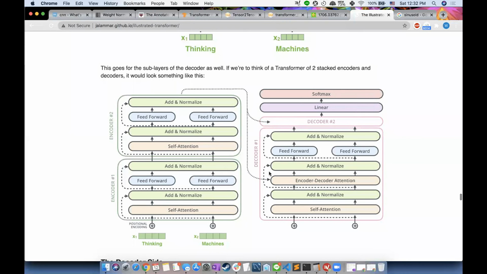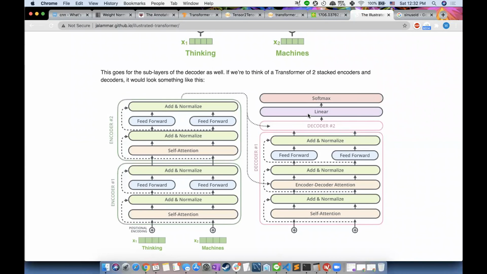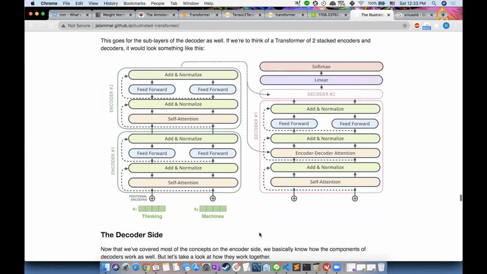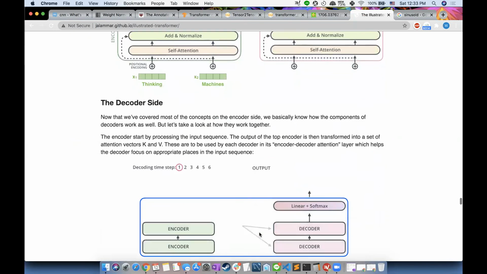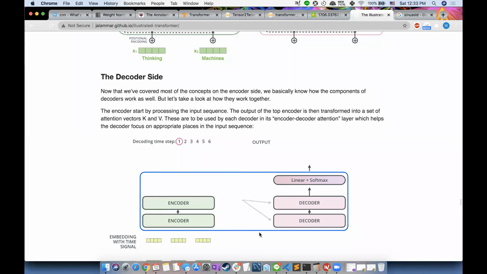So basically what I want to say is when we come to later developments of transformers, we're not using all parts of transformers. Different neural network architectures are taking parts of transformers and running with it. So I want to just raise that here. Okay, the decoder side. Now we've covered most of the concepts on the encoder side. Decoder is similar, but not exactly the same.